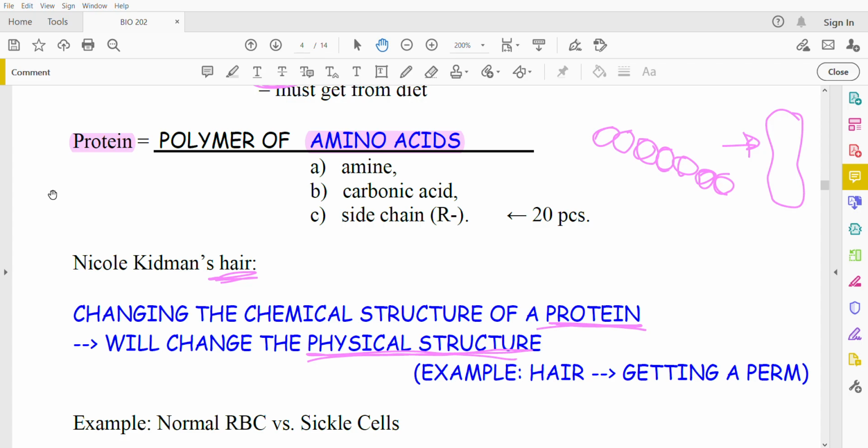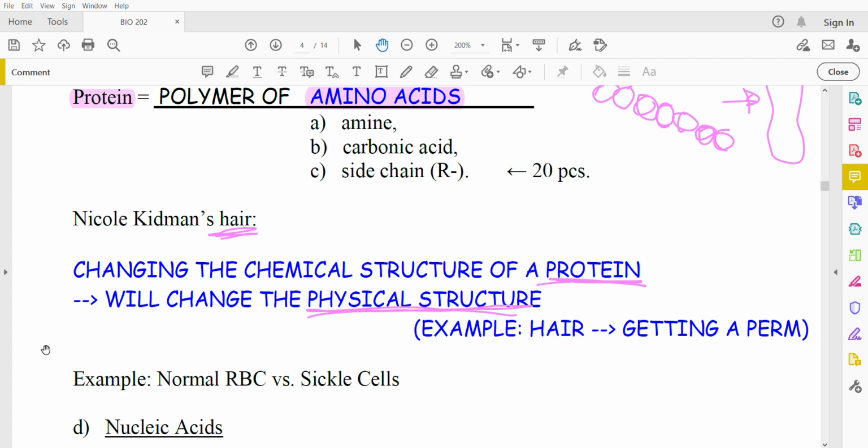So this links not only that hair is made of protein, but also the important concept that when we manipulate the chemical structure of substances, usually their physical appearance or their functioning also changes. So there's a link between chemistry and physiology.